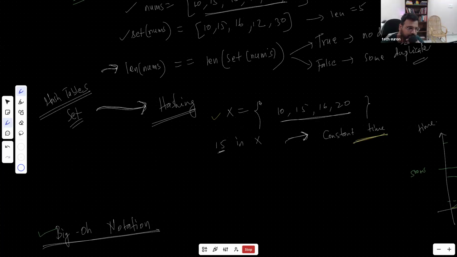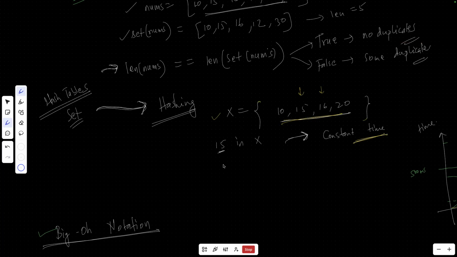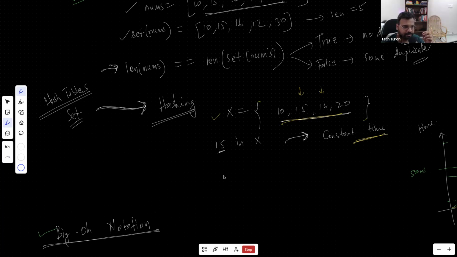I'm saying the way this data structure is stored, if I want to check whether 15 or 16 is present in this set or not, I can do it with just one calculation. But it's comparing, right? It is not comparing, that's what I'm saying. It will compare in a list. It will not compare in a set.